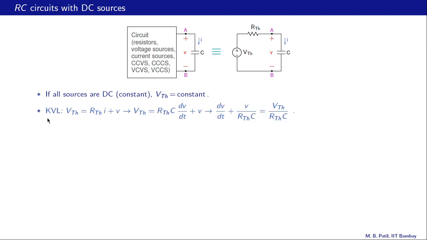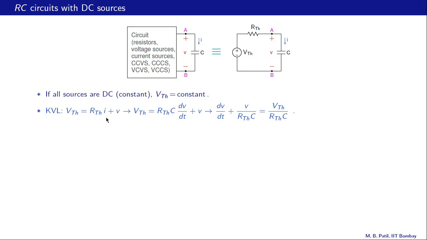Let us begin by writing the KVL equation for this loop. That says that VTH must be equal to the voltage drop RTH times I plus V. Now this current I flowing through this resistor is also the capacitor current, and therefore I is equal to C dV/dt.